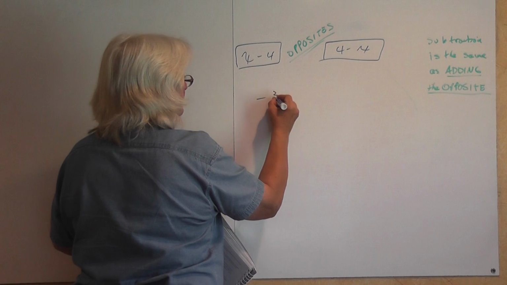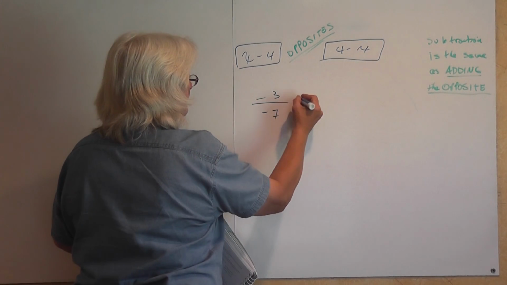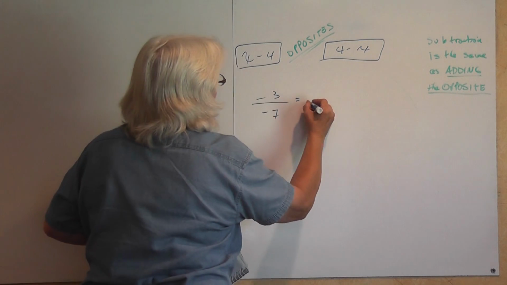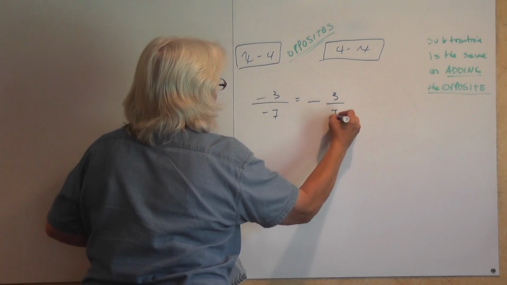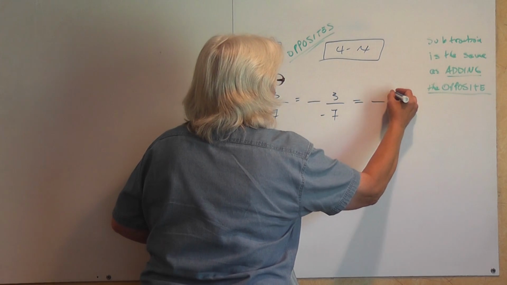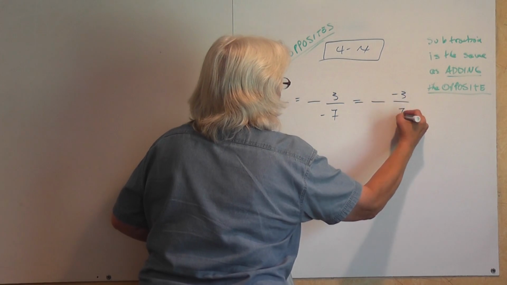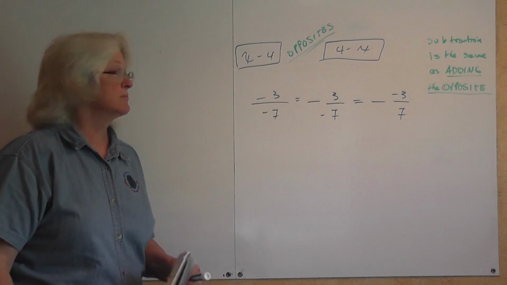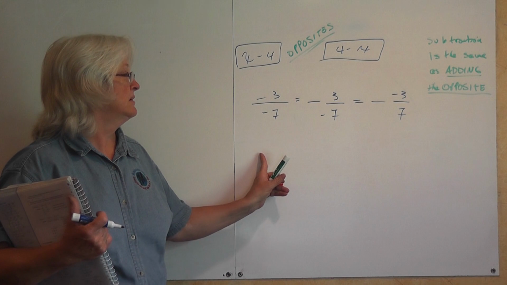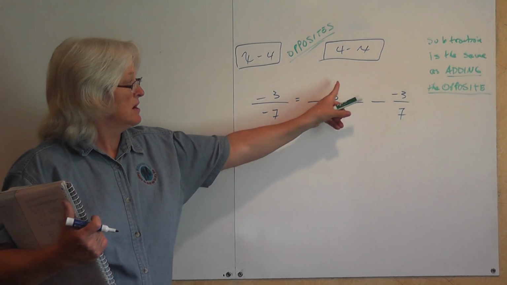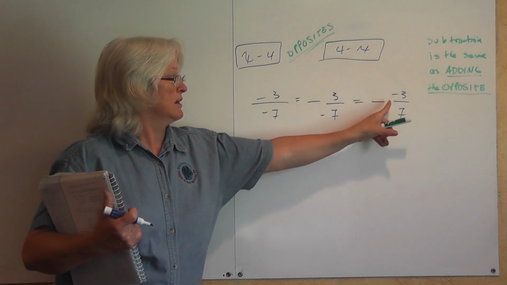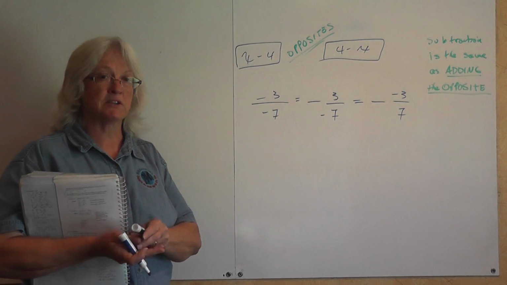Well, -3/7 could be 3 over -7, which is the same as the opposite of -3 over -7, which is also the same as the opposite of 3 over 7. Okay? Negative divided by negative is positive. -1 times this negative here, that's going to be positive. Negative times negative, that's going to be positive.